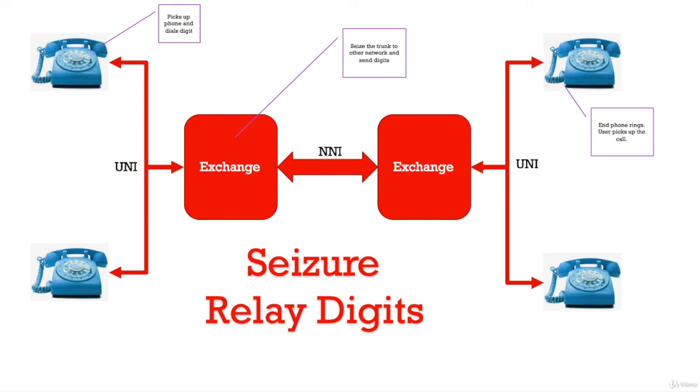The end party will try to locate the other phone and ring that phone. When the end party picks up the phone, it connects both the trunk and both the parties. They start talking to each other, and after the call is over, they hang up. This way the basic call setup happens.